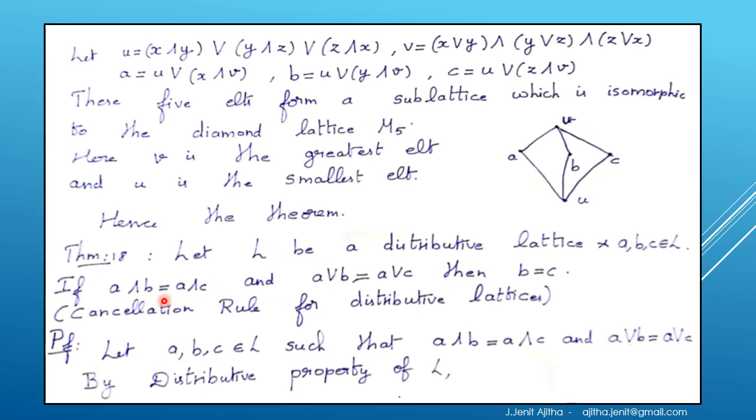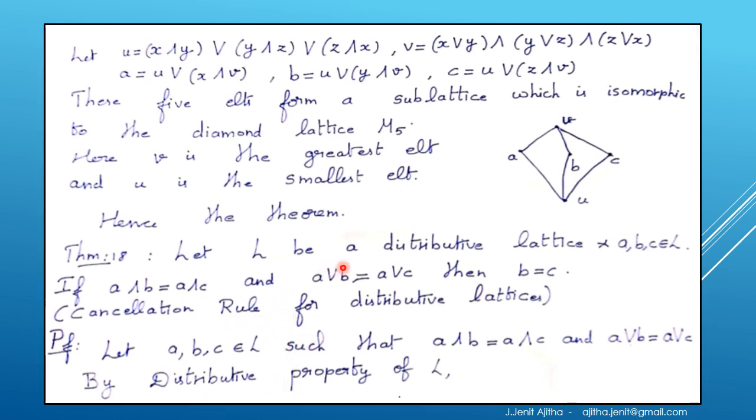So this is just like cancelling the common elements. If we cancel a on both sides, then b is equal to c. So that is called the cancellation rule.